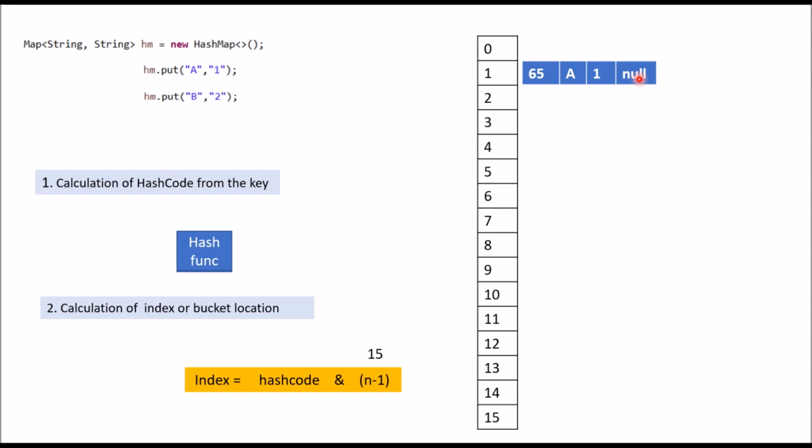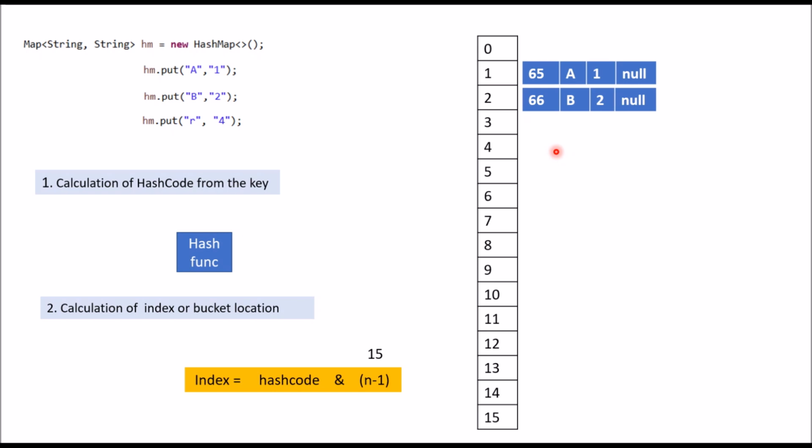We will repeat the same steps. Pass the key to the hash function to get the hash code, and pass the hash code to calculate the index. At index location 2, there is no entry present, so the value will be stored directly in the same format: 66, b, 2, null.